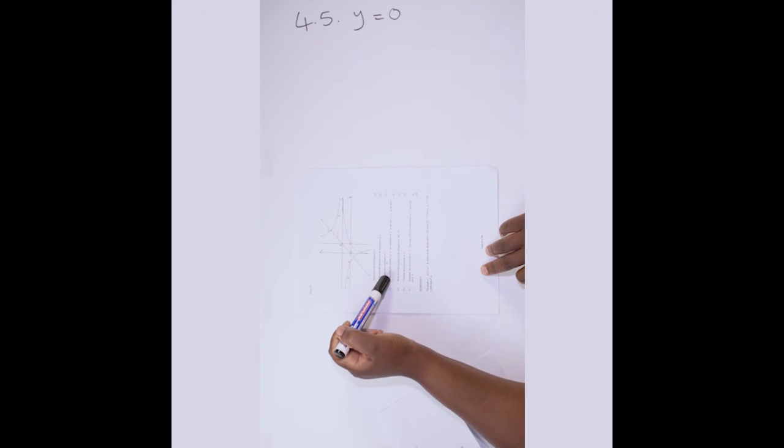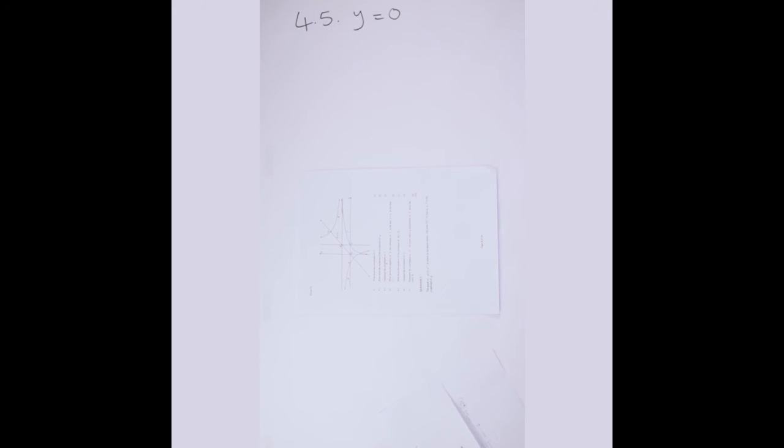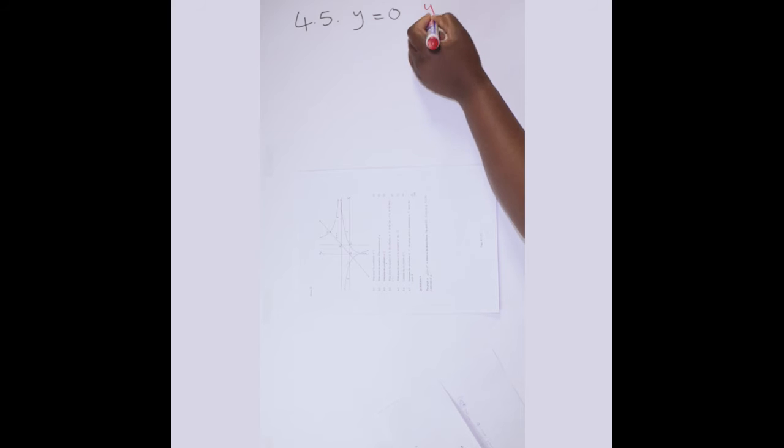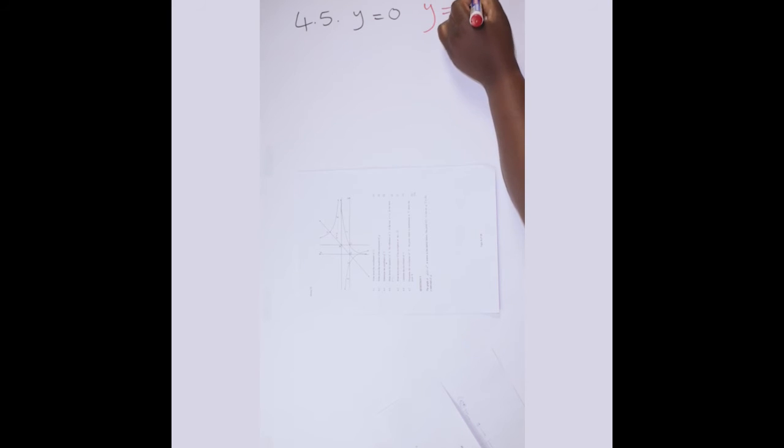Remember, we had written the equation of h in 4.4, which was the reflection of f in the line y equals x. Let's remind ourselves, it was y equals 5 to the power x.